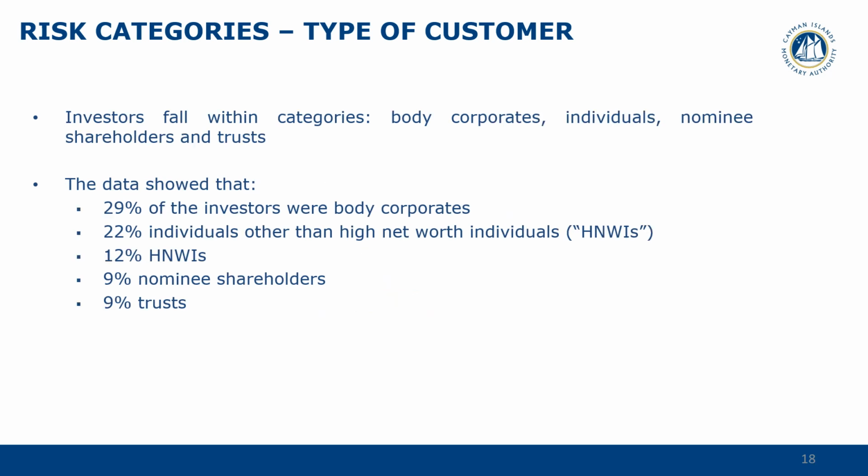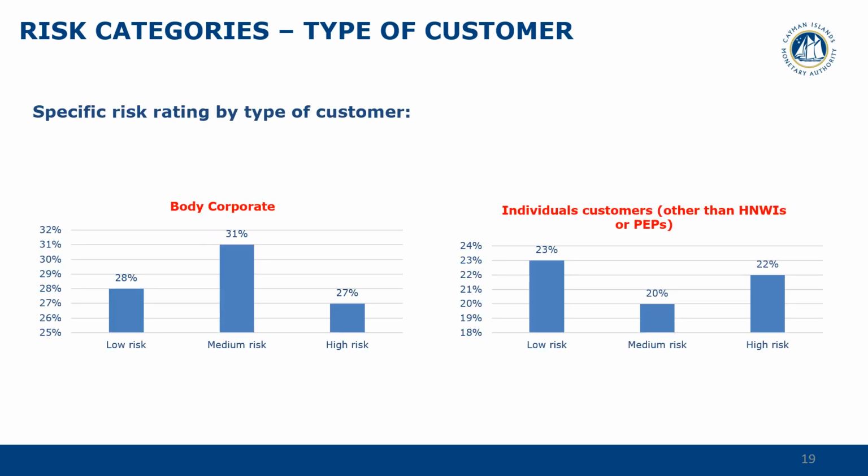And the data showed that there were several different types of investors that we found. 29% were body corporates, 22% were individuals other than high net worth individuals, 12% were high net worth individuals, 9% were nominee shareholders, and 9% were trusts. And breaking down those statistics further in these graphs, you can see how those numbers translate into risk categories.